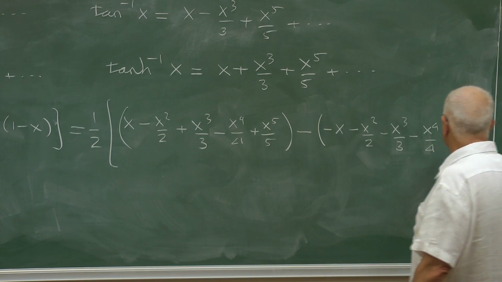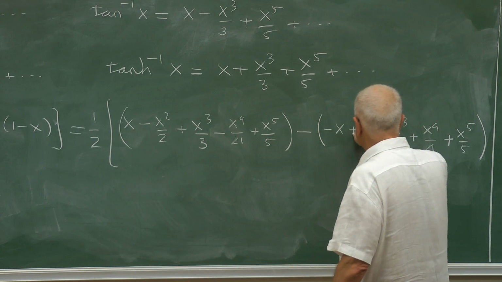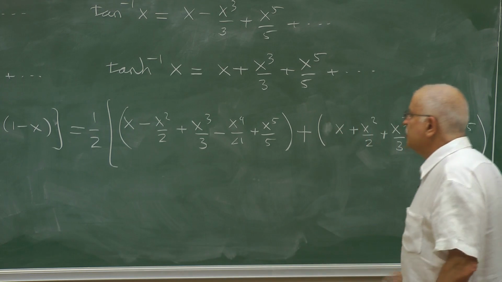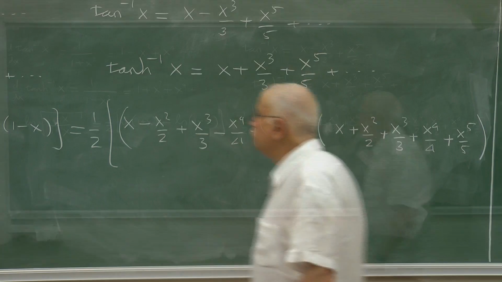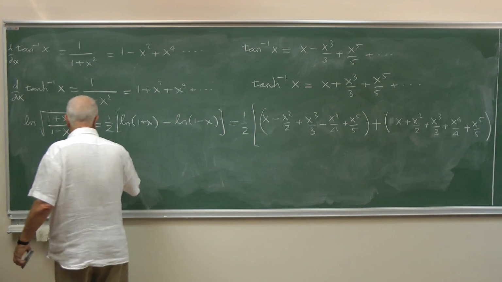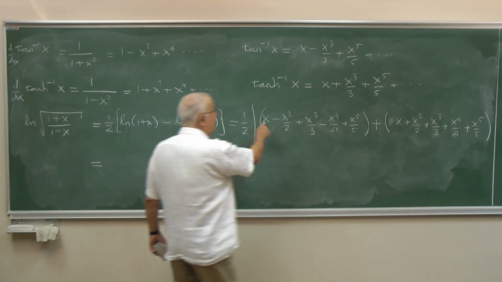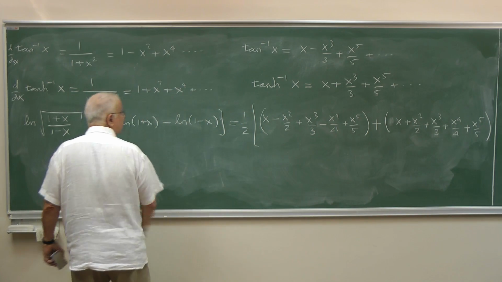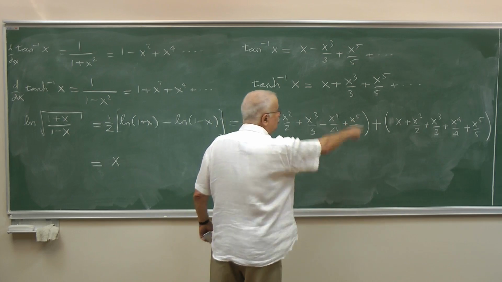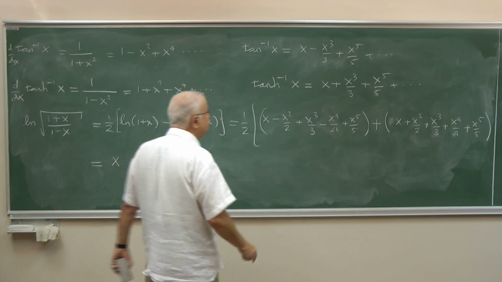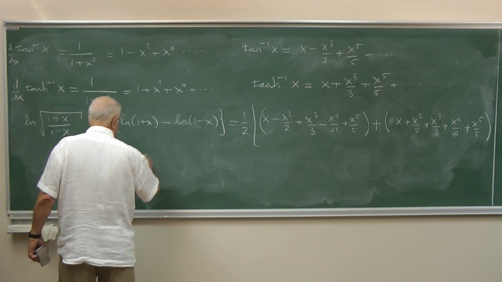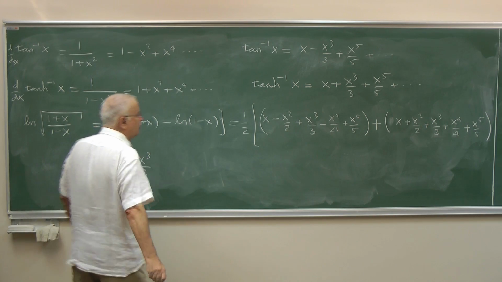Now, let's get rid of all these minus signs in the parentheses and make this a plus sign. So, let's add up. This thing equals x and x. They add up, but divided by 2, it's a single x. Minus x squared over 2 plus x squared over 2, they cancel. X cubed over 3's add up and remain.